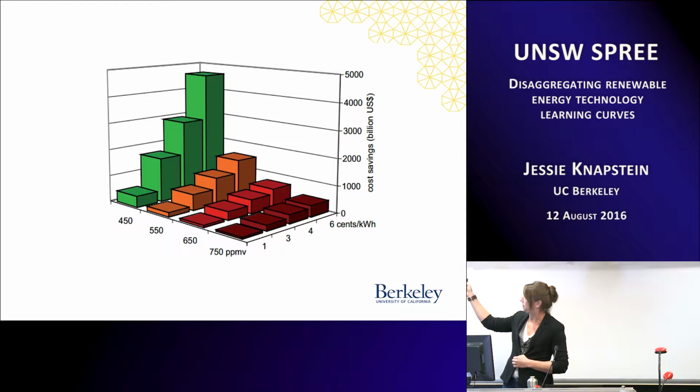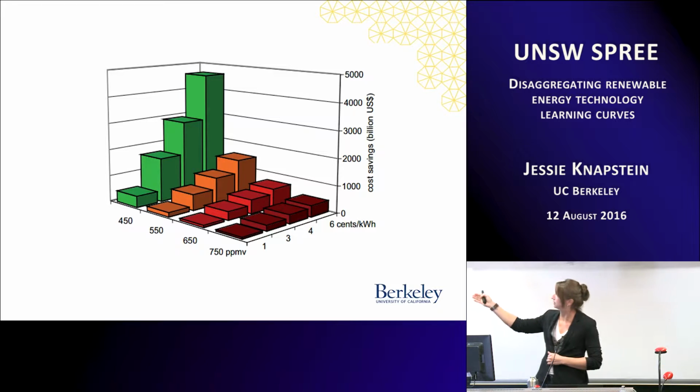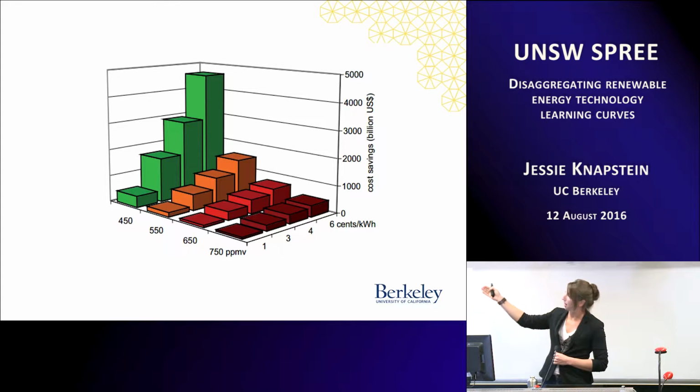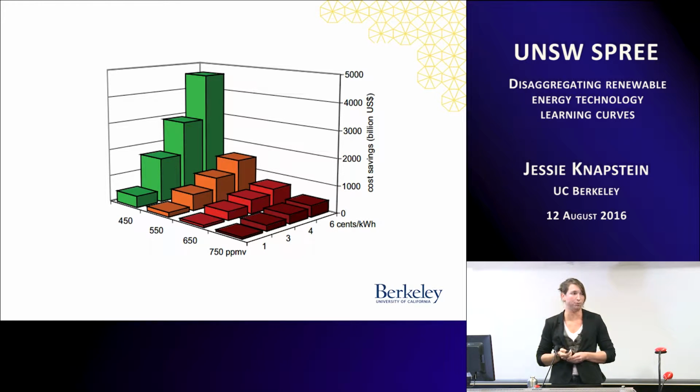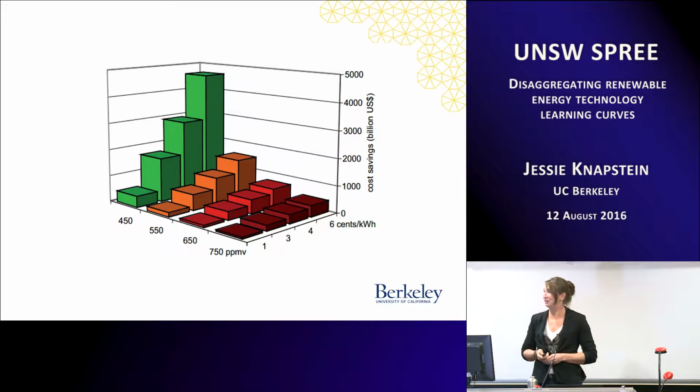The z-axis is solar PV, and that's a 9-cent baseline. If we reduced it to 6 cents, how much money we could save is on the y-axis. If we reduce it to 4 cents, how much money we could save, and those are cumulative. So if you add them all up, it's trillions of dollars in savings, depending on how much you could reduce the cost of a certain technology by a pretty incremental amount. I'm sure you guys are interested in that, all the solar PV people.